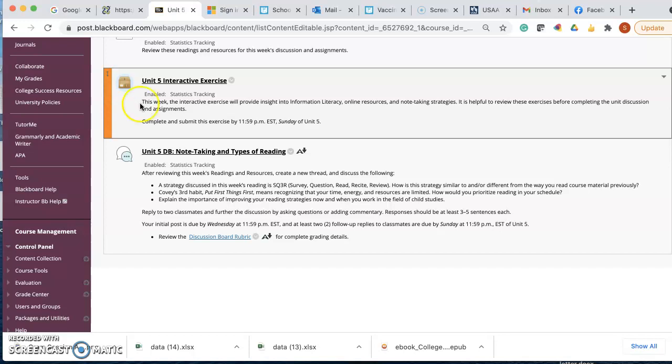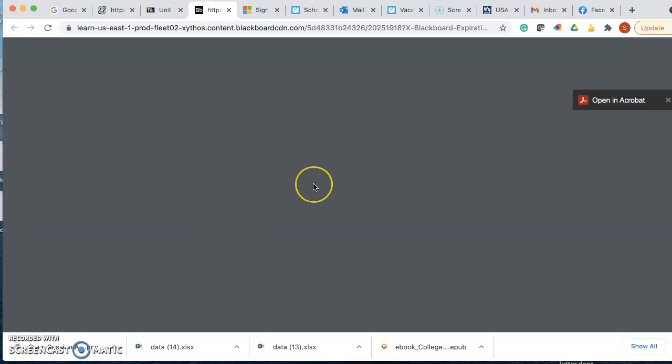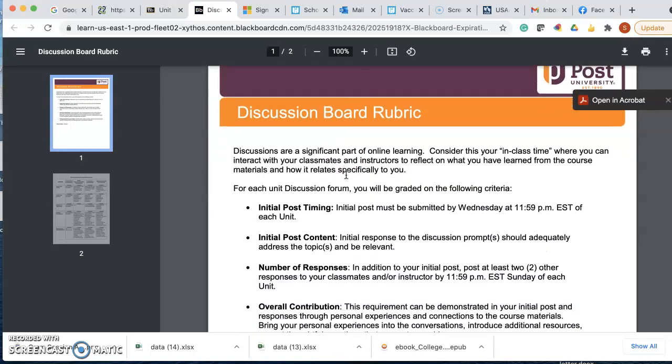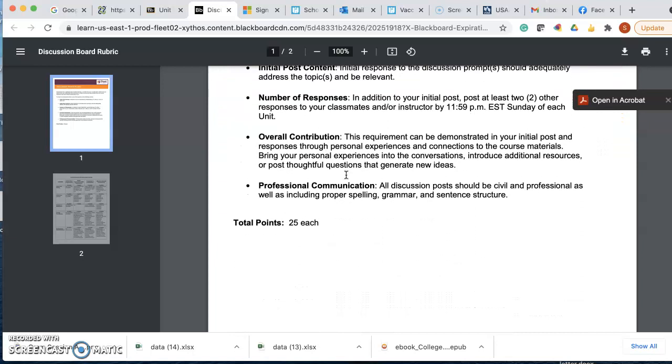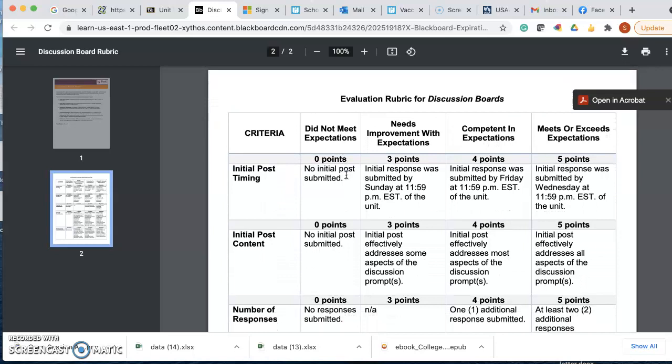Also, for those of you who hadn't noticed yet how I determine grades, there's a link right here to the rubric for the discussion board. And if you click on it, it will tell you all of the ways that you can gain or lose points. And here's the rubric. Please note that you automatically lose a substantial amount of points if you do not submit your discussion board responses within the unit time frame.